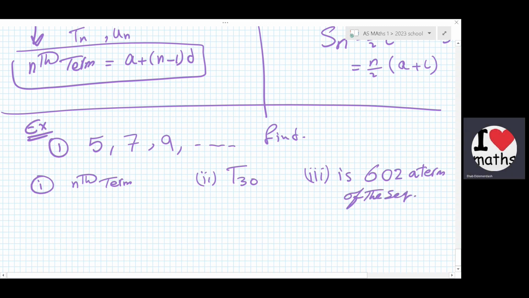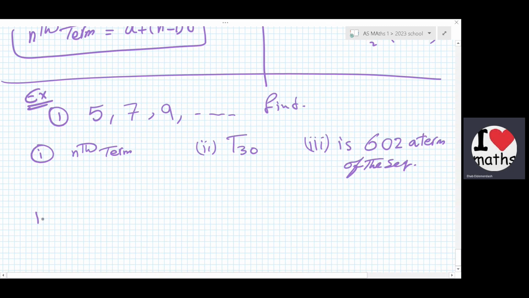So this is my third question: is 602 a term of the sequence? And 579, is it a term? Then another question says find the sum, find S50, for example.